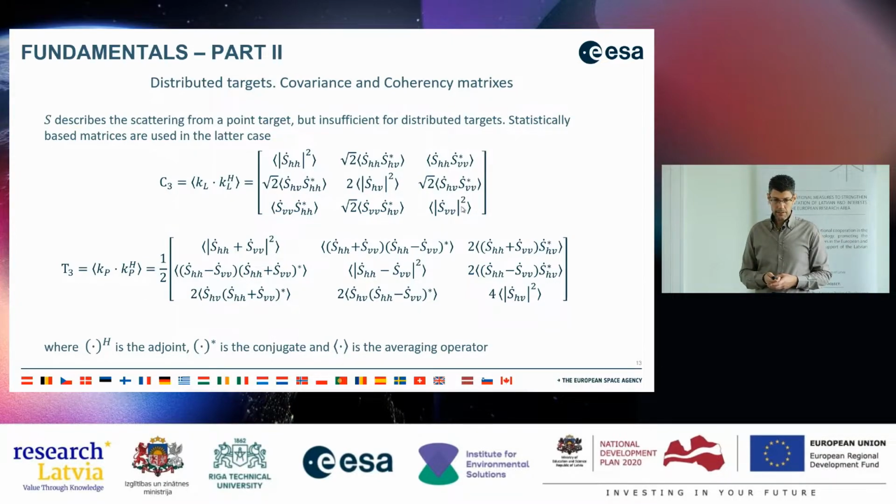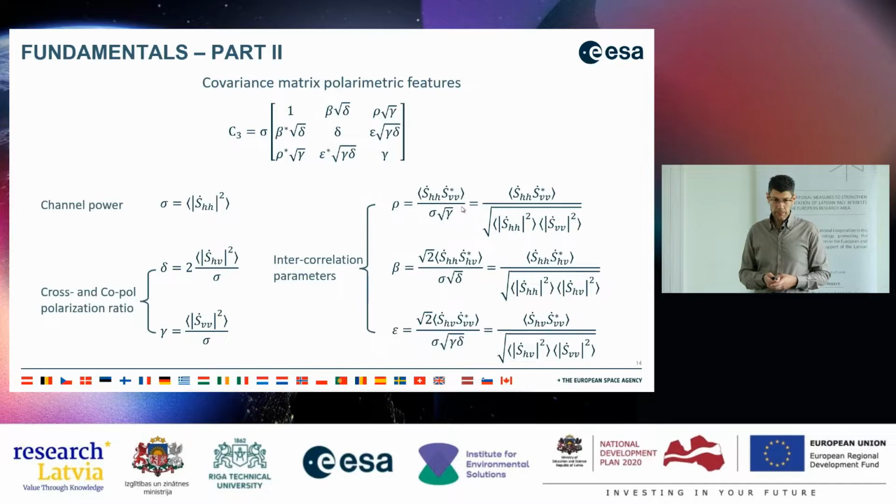So that's another representation of the covariance matrix, which is basically putting the HH component in common. So the C3 will be represented by the matrix that you see there above.